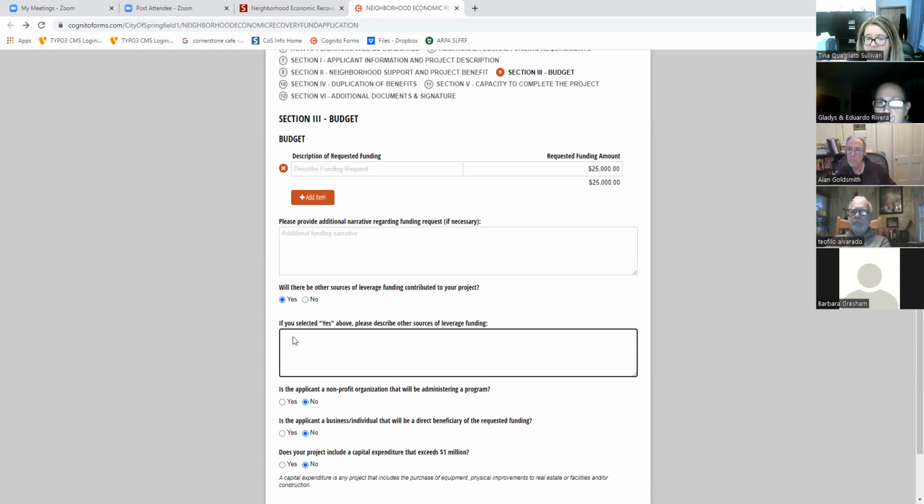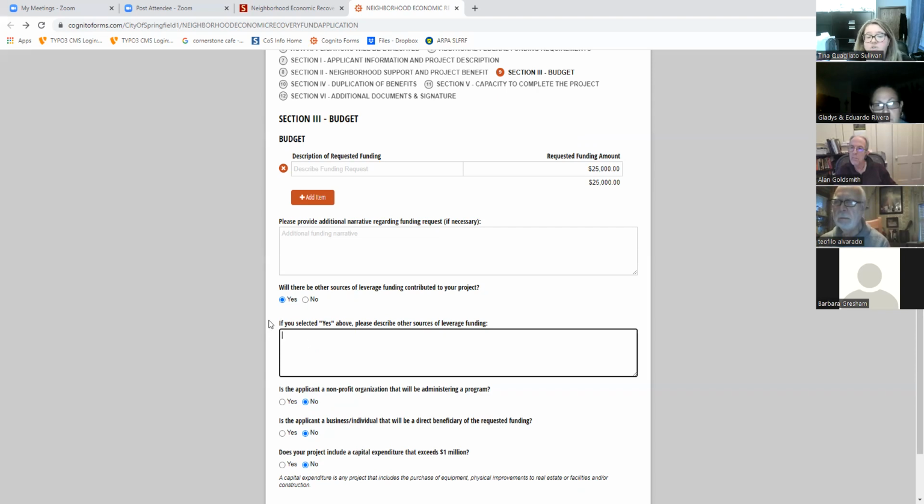So if you click yes here, this is where you should describe your other funding that may be going into the project. Also, if you're seeking a fairly substantial amount of funding, it helps to say to the city, yes, we're asking you for this large amount of funding, but look, we're also bringing all this other money to the table that other entities might not be bringing.